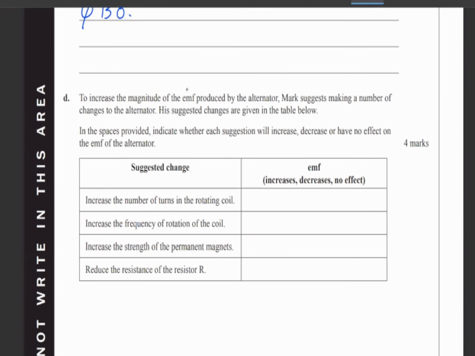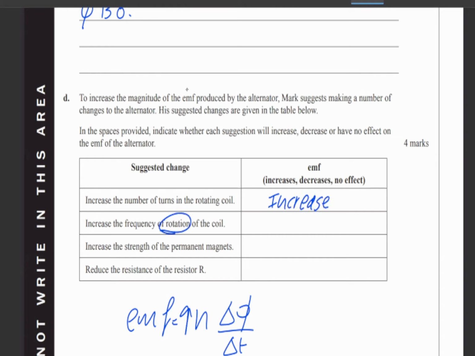So increasing the number, you can just use this EMF equals N change in flux over change in T. So increasing this increases EMF. Increasing rotation as well increases, because it's going to be a greater change.